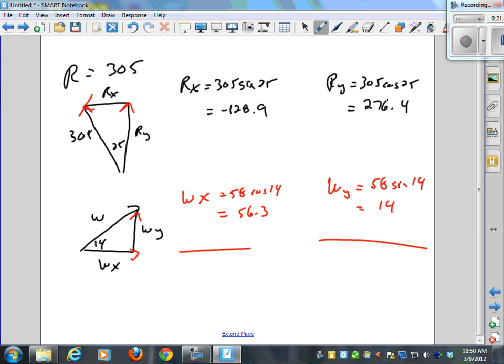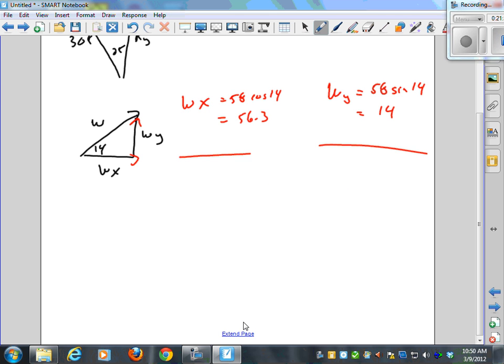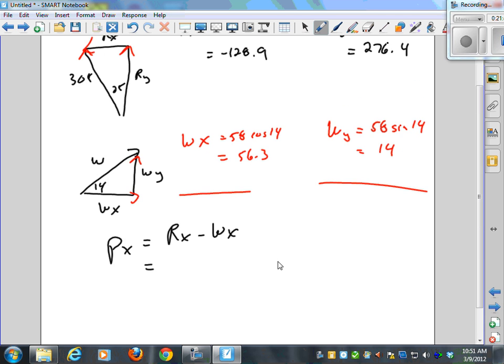Okay? Now, how do we do vector subtraction? Subtracting. Plane x is equal to resultant x minus wind x. Show me the subtraction. Minus 128.9. Subtract 56.3.